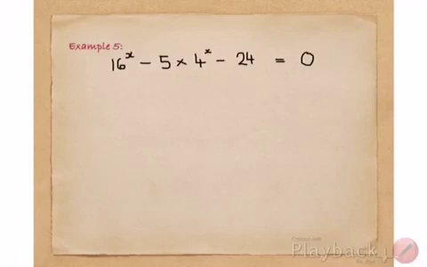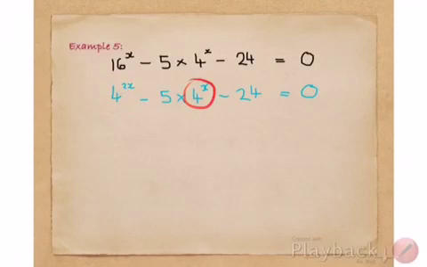So again, this is all about practice and actually spotting these. So if I say 4 squared to the x is going to be just 4 to the 2x minus 5 times 4 to the x minus 24 equals 0. Okay, and just thinking about that now, guys, I can rewrite that as 4 to the x all squared, and here I've got a 4 to the x as well.